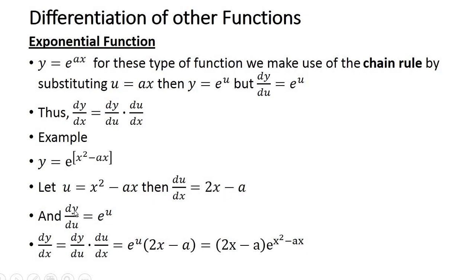Right, remember, if you are differentiating, dy/du doesn't change, it's still e to the u. Applying the chain rule, dy/dx is e to the u times du/dx, which is 2x minus a. So this gives me (2x minus a) times e to the power x squared minus ax if I substitute for my u.